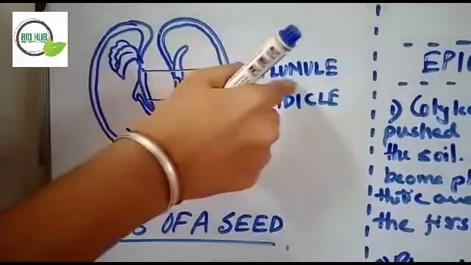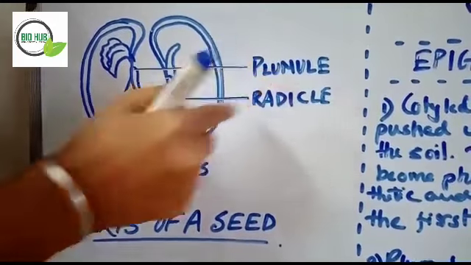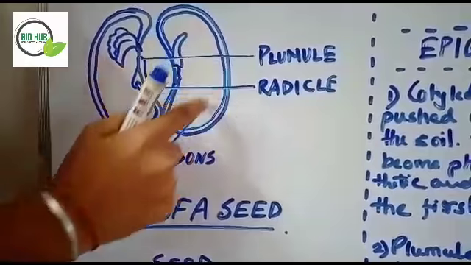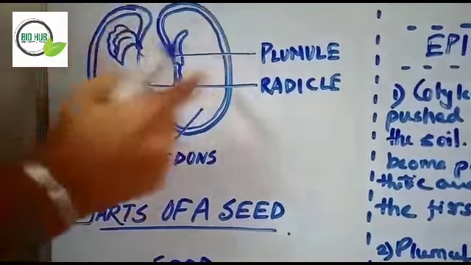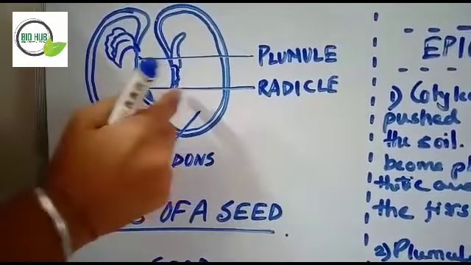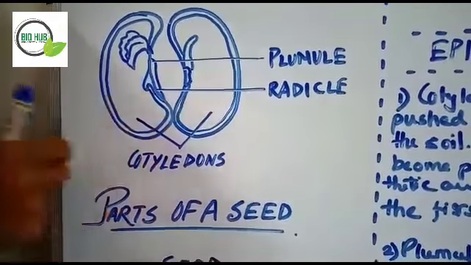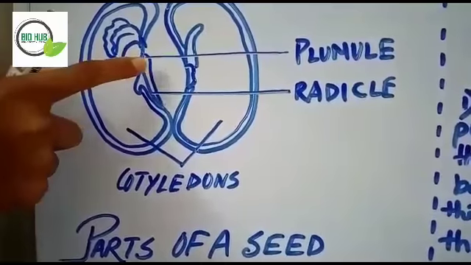And these two white spaces are known as cotyledons, where the food is stored for the baby plant.